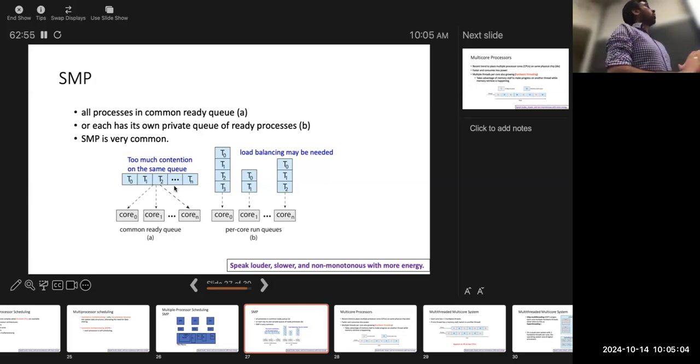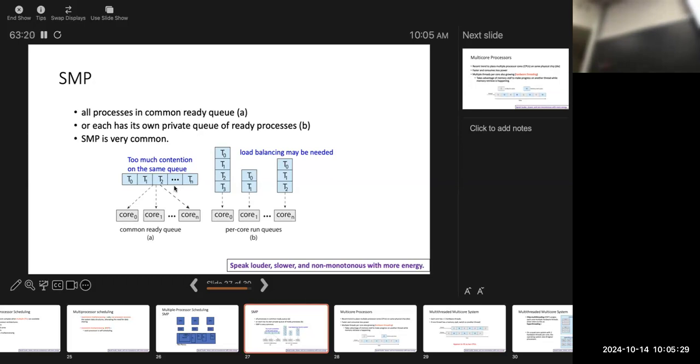So there will be contention in the sense that core 0 is going to get the process from the head of the queue, and at the same time core 1 also wants to get the process from the head of the queue and run it, so there will be a race condition, right?